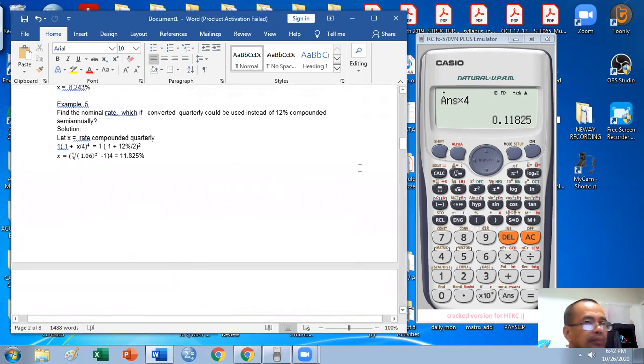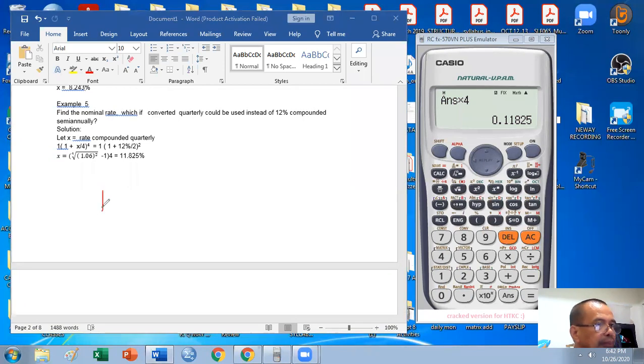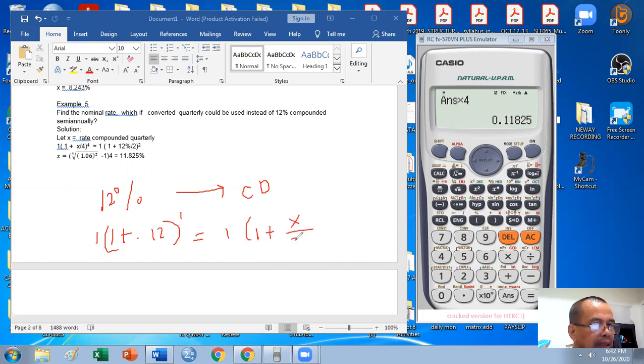Okay, let's have another example here. Halimbawa, let's have 12% effective, convert to compounded daily. So, anong diskarte rito? This is 1 plus 0.12 raised to the 1 is equal, that's 1 piso, is the same amount of money, 1 times (1 plus x) raised to 360, as this is compounded daily.